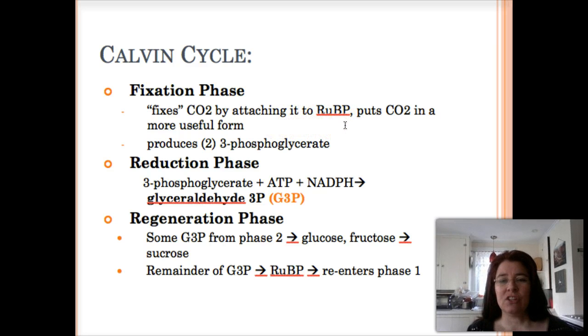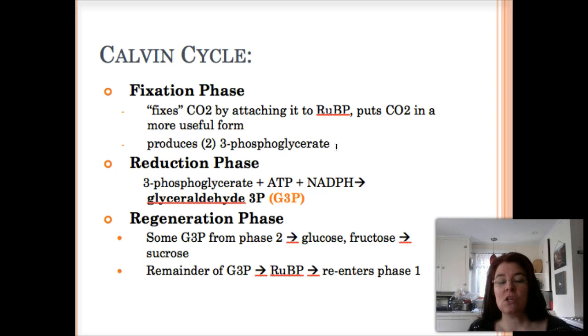We're essentially fixing the carbon dioxide. We're making it into a more usable form by attaching it to this 5-carbon molecule. And ultimately this produces 2 molecules of 3-phosphoglycerate. The 3-phosphoglycerate is then fed into the second phase of the Calvin cycle, known as the reduction phase.